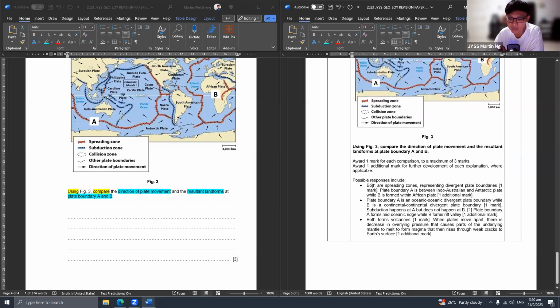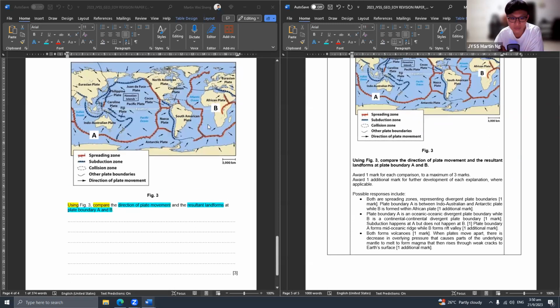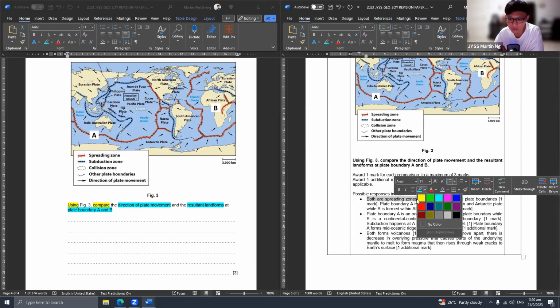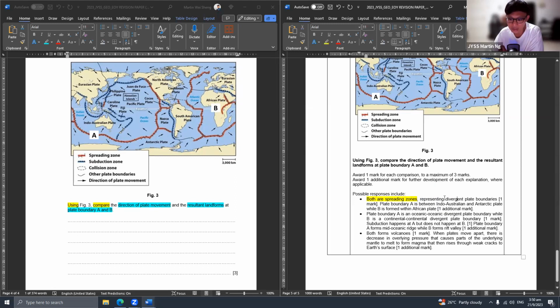Okay, so the first point, similarities. Both are spreading zone. So you can see that both A and location B are along this red color portion, right? So both are spreading zone. That is 1 mark. And it also means divergent plate boundaries.